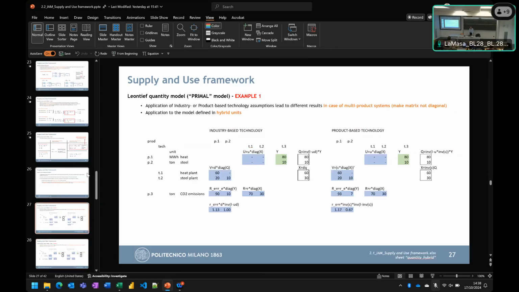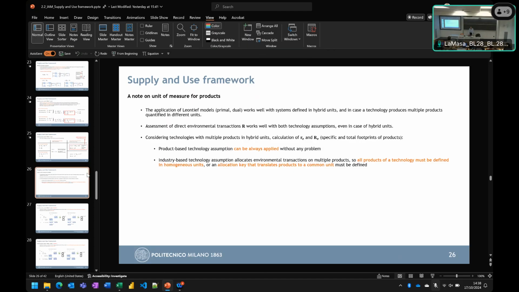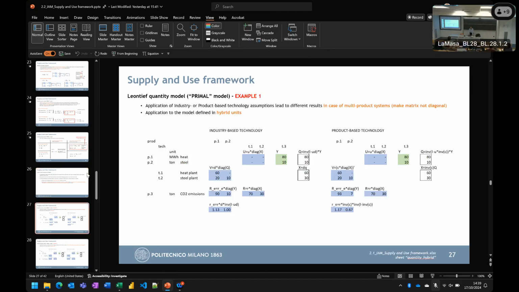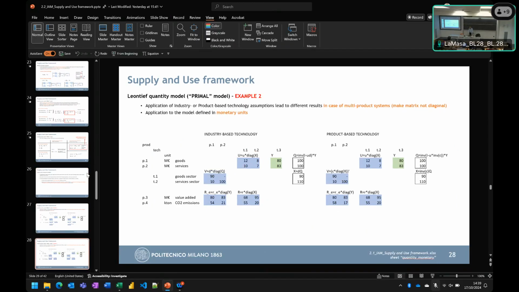Yeah, I updated the slides with some additional notes on the unit of measure. We tried to solve example one, the one related to heat and steel production, and I put all these examples in the Excel file. Then I left example 2 for you to play with, which is exactly the same in terms of dimension. What makes the difference is that I also added some transactions in the use table.